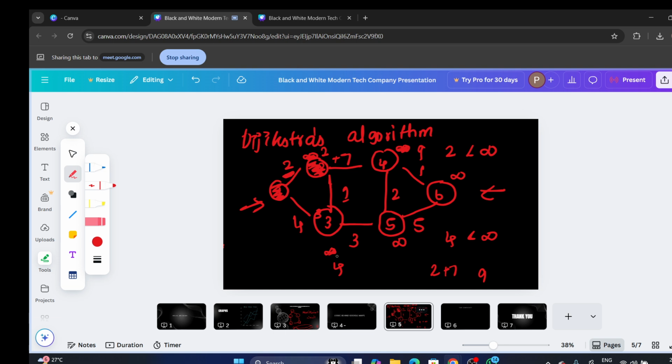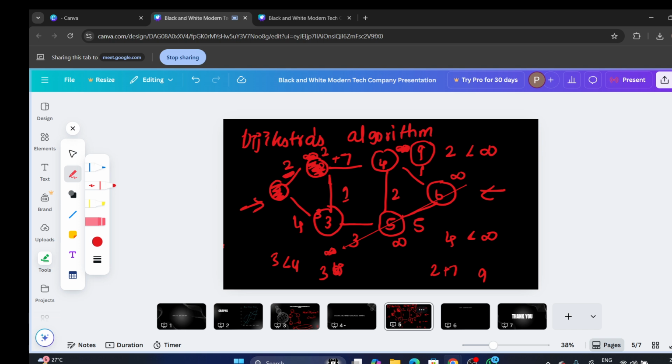Now in 3 you are already having 4, updated from vertex 1. Still this 2 plus 1, which is 3, is less than 4. So now you can update this 4 to 3. So now if you see here you are having 9 and infinity, infinity, and again you are having 3.